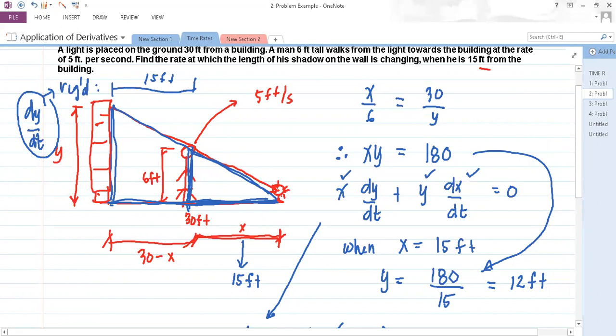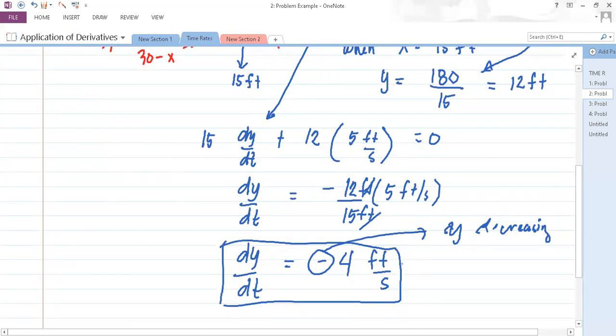So this will be now our final answer: dy/dt is equal to negative 4 feet per second. So that is for our sample problem number 2.